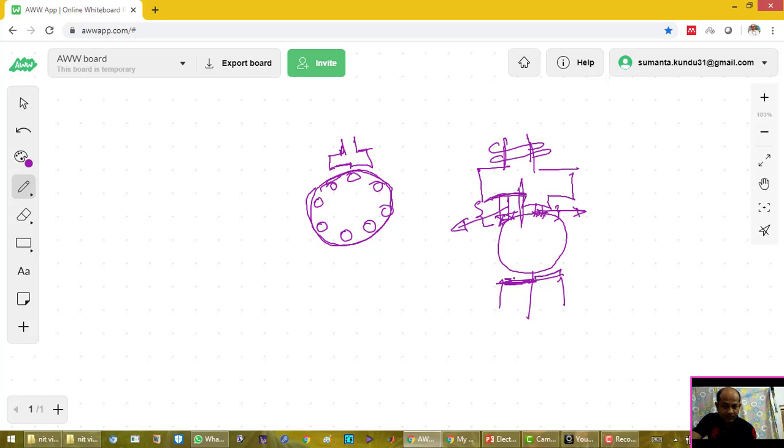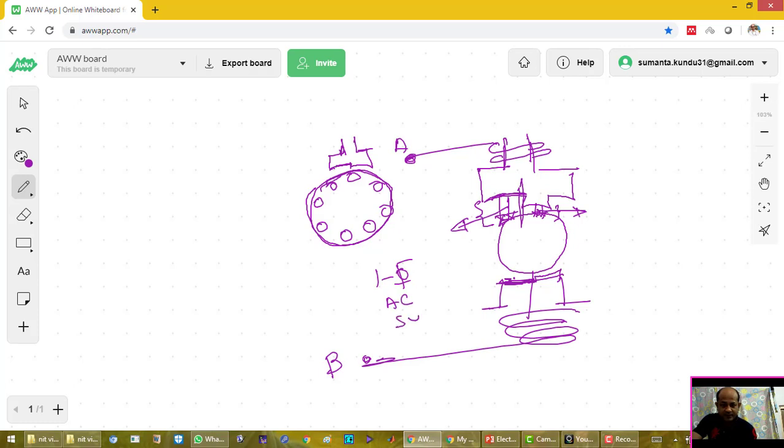There is also a core, and in this fashion the windings are connected and two terminals come out, and across these two terminals A and B I have given the single phase AC supply.